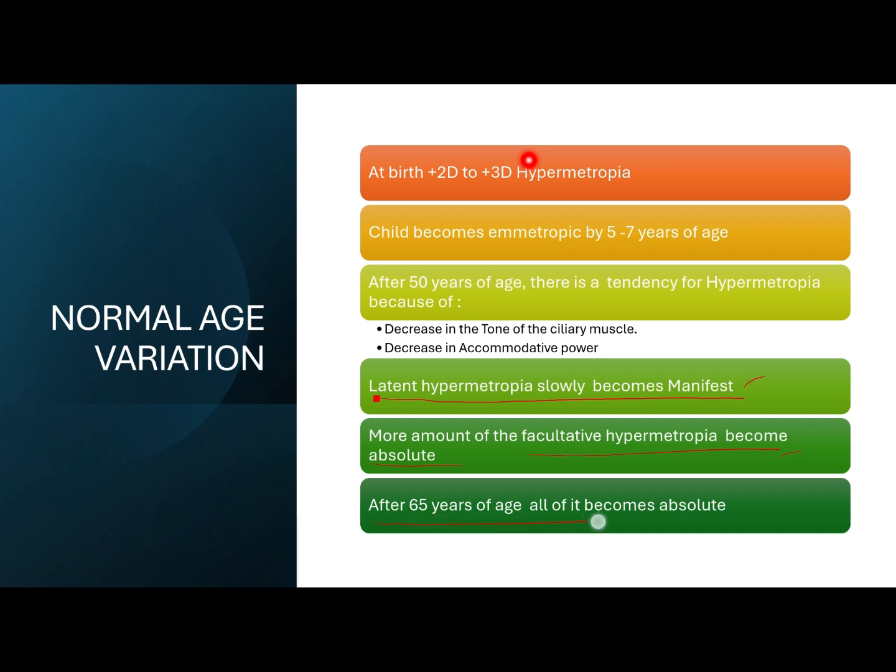After 65 years of age, all components of hypermetropia become absolute, because we have lost the ciliary muscle tone and we have also lost our power to accommodate. So whatever hypermetropia we land up at after 65 is absolute hypermetropia. This is the normal age variation which we see.